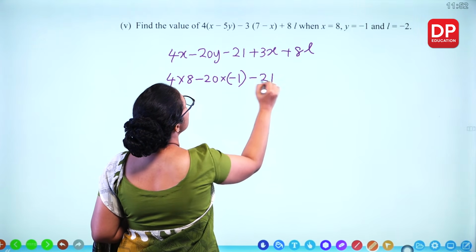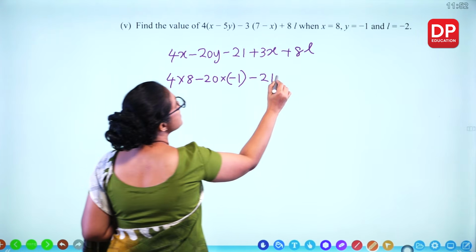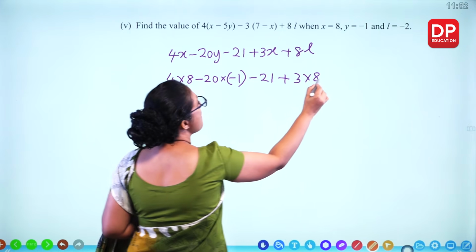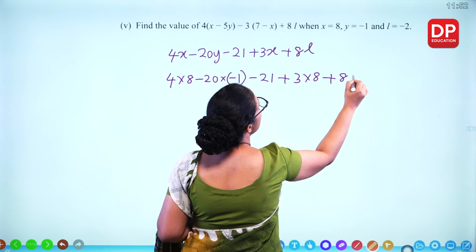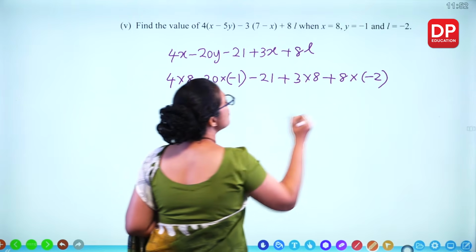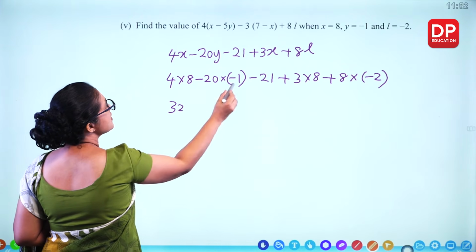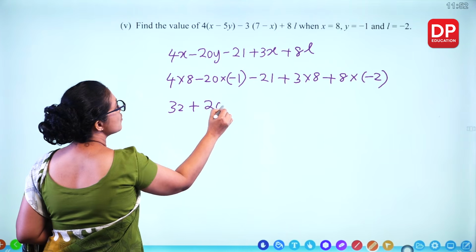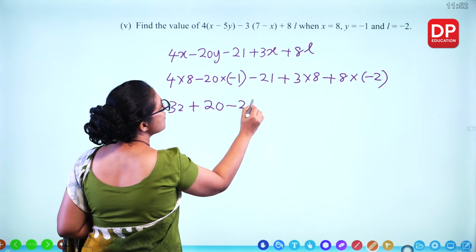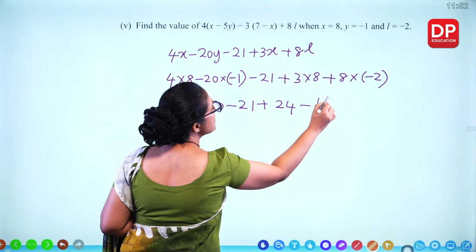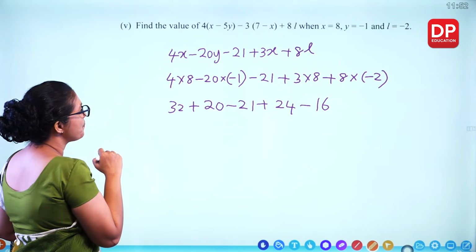Minus 21 is there, plus 3x, 3 times 8, plus 8l, l is minus 2. 4 times 8, 32. Minus minus becomes plus 20. Minus 21, 8 times 3, 24, minus 16.